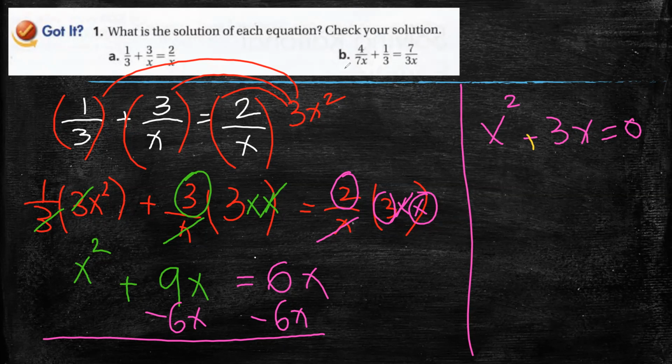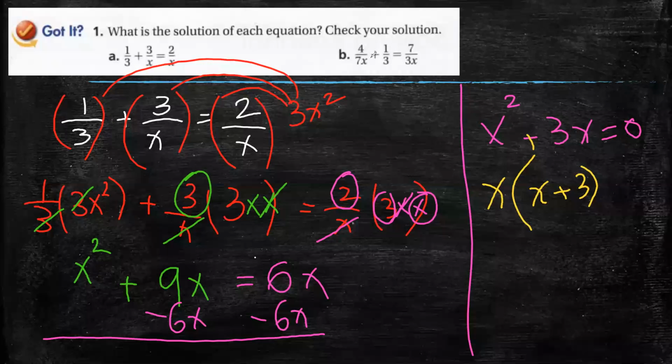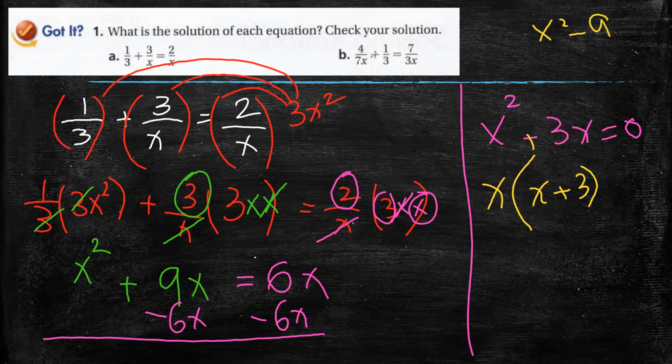No. Here you have to take x as a common factor. So we have it as x plus 3. Do you remember when I told you if c is missing, you have to use the common factor? Difference of squares is when you have x squared minus 9, x squared minus c.